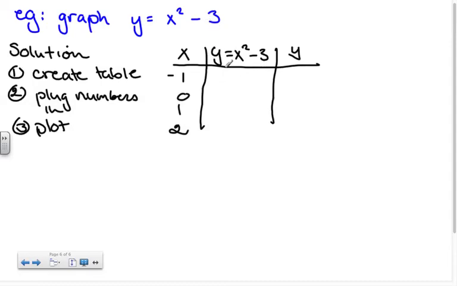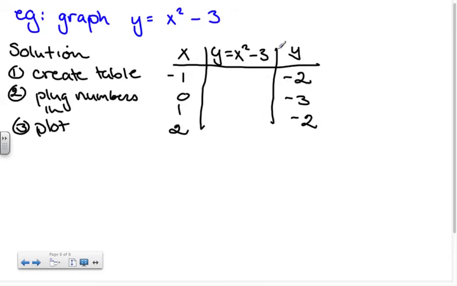So I'm going to go ahead and skip the step of just plugging numbers in. -1 squared is 1. 1 subtract 3 is -2. When you plug in 0, 0 squared is 0. 0 minus 3 is -3. 1 squared is 1. 1 minus 3 is, of course, -2.